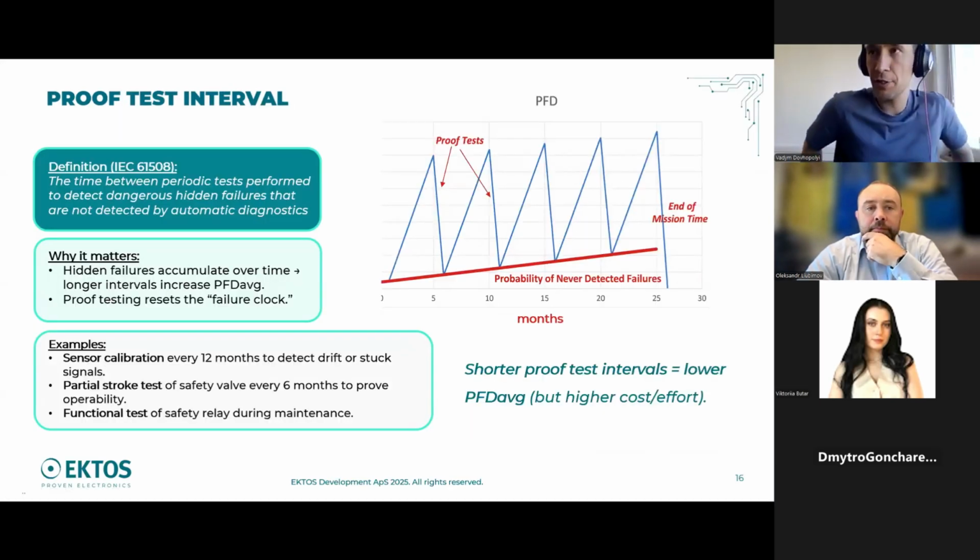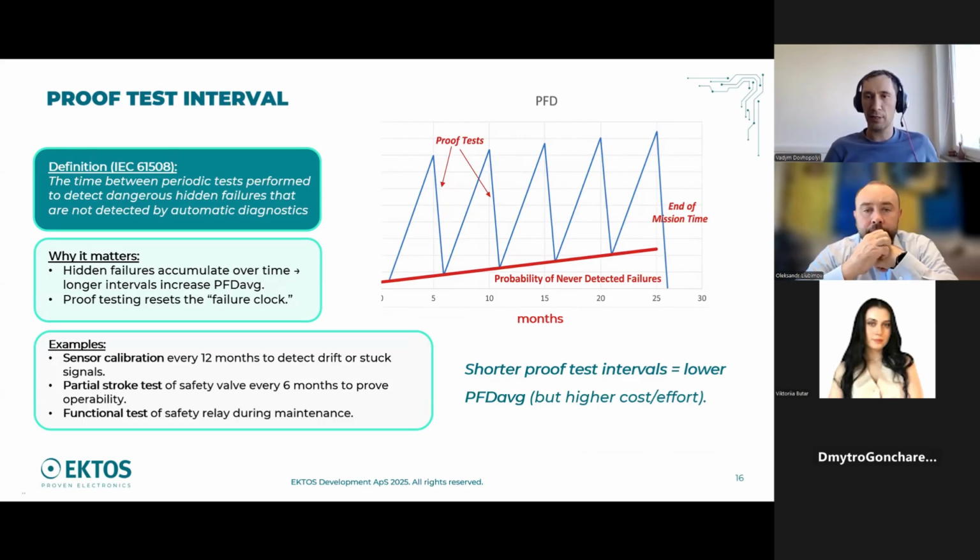Yeah, here it is the proof test interval. It does not matter how good your diagnostic is and how good your proof test is, the mission time is limited. It does not matter what you want to do.